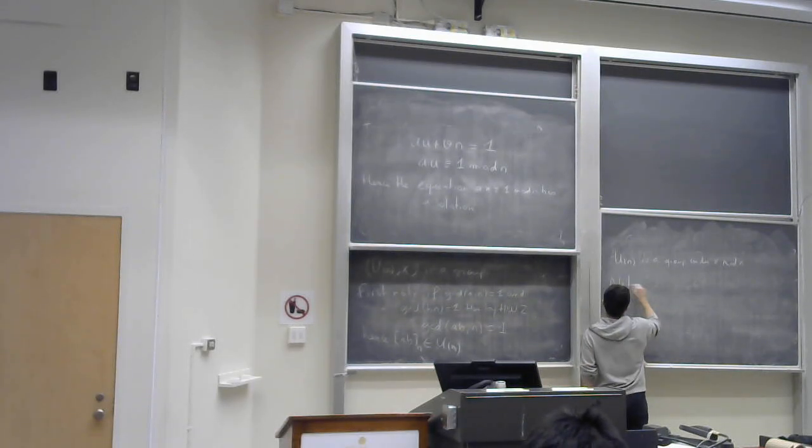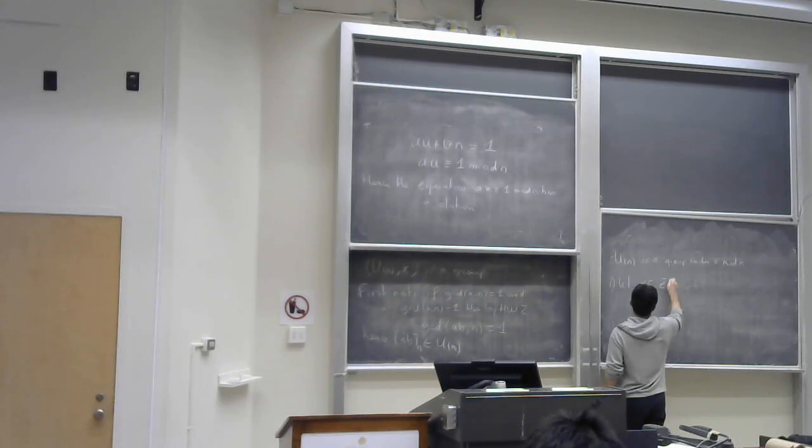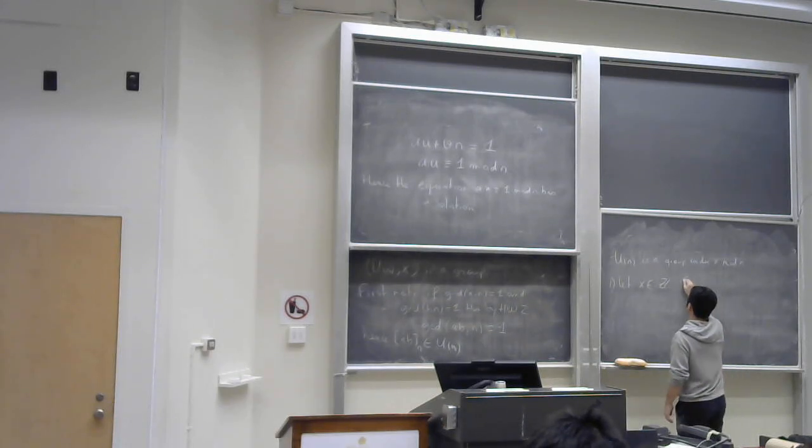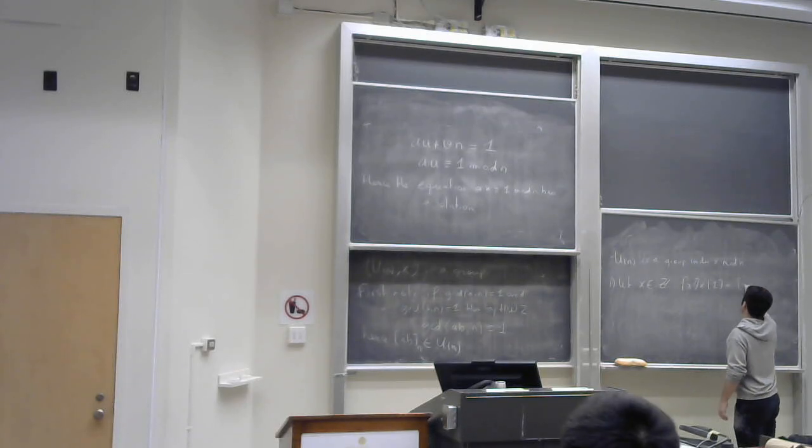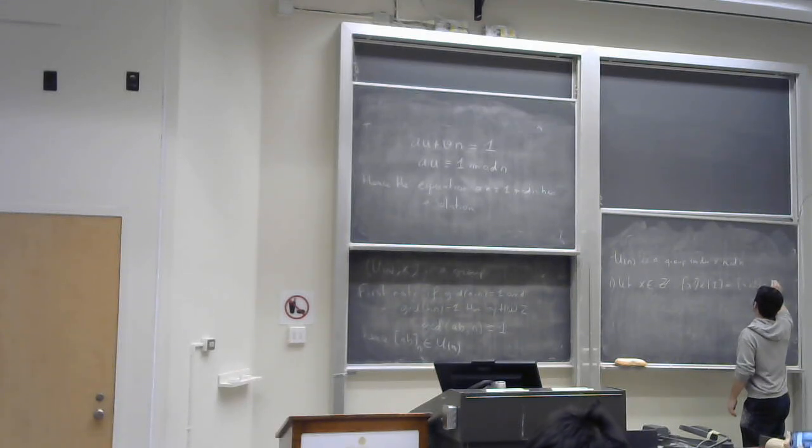So let x be in Z. I need an identity element for multiplication. It's the class of 1: x times 1 is x.